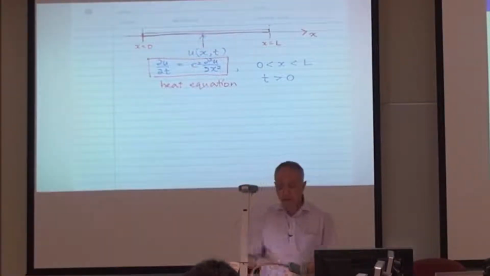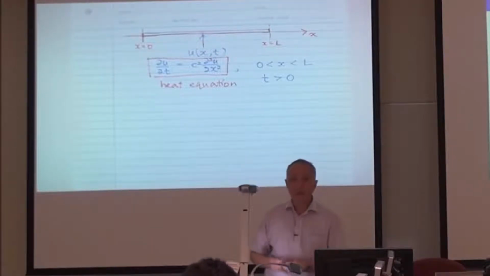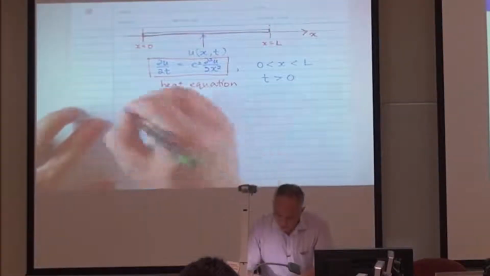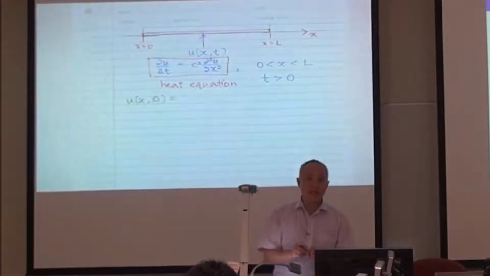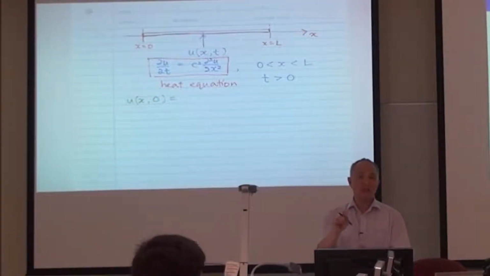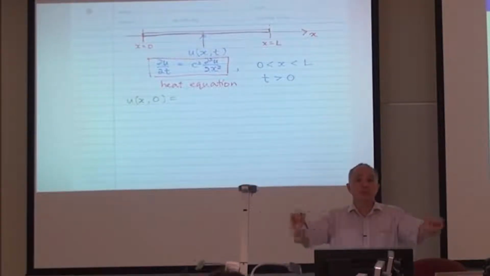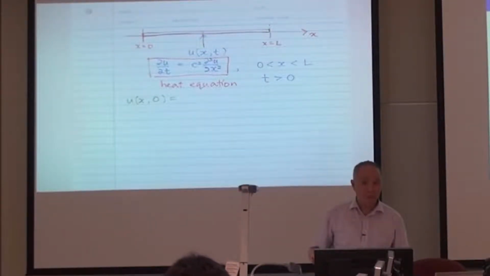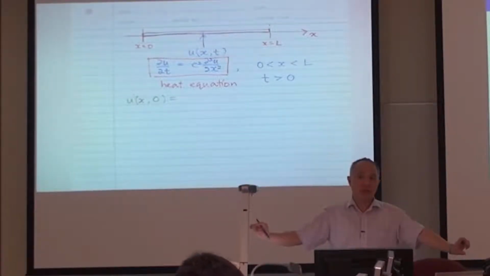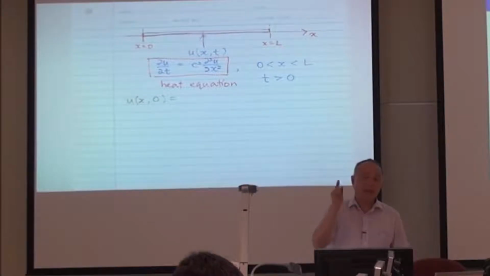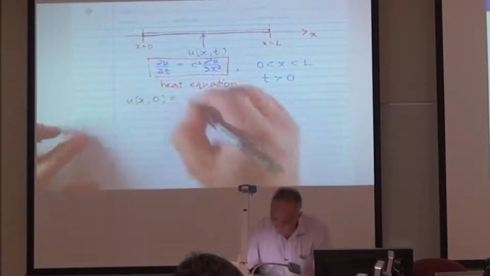The initial condition will have to be what happens when t equals 0. So u for all x at t equals 0. That means at time t equals 0, how is the heat distributed along the bar, correct? So this is like a distribution of the amount of heat or the temperature along the bar at time t equals 0.